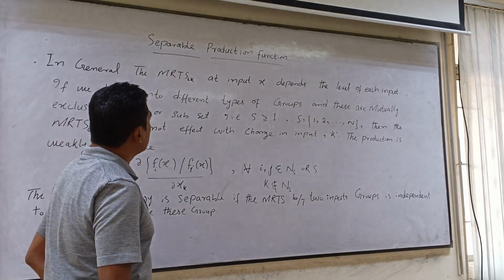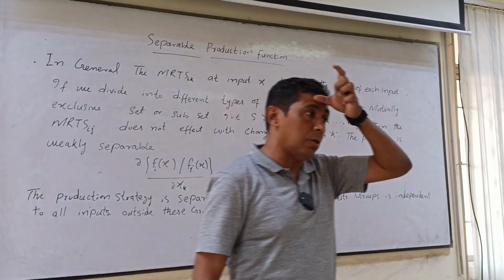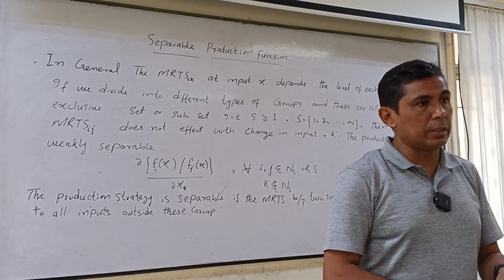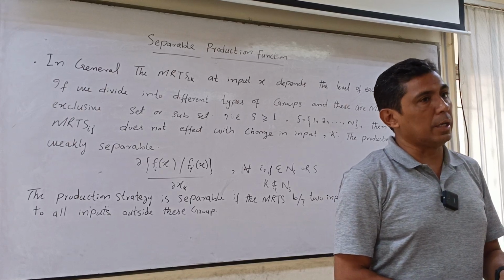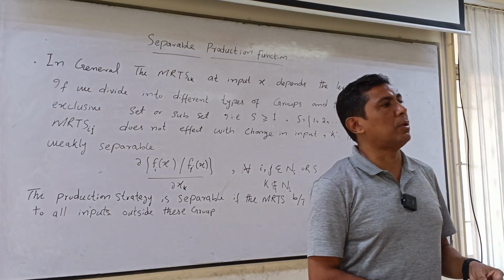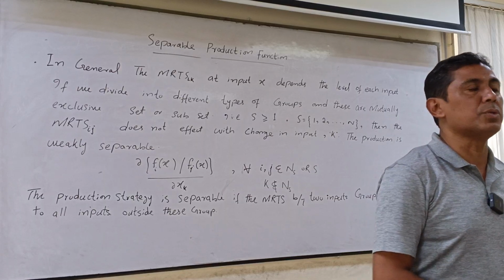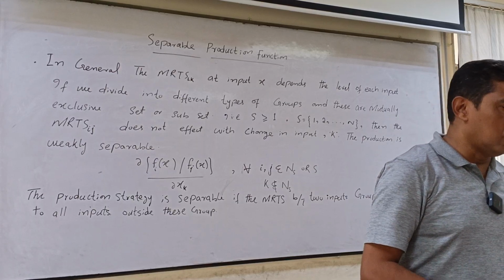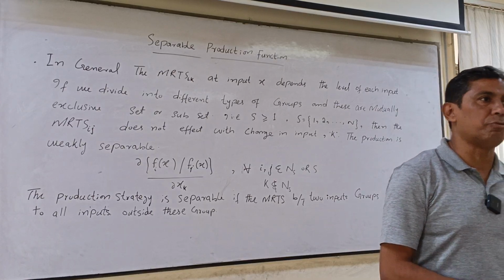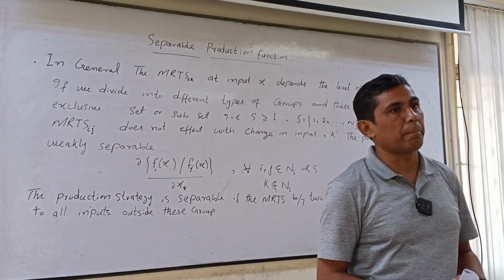Now we are moving towards the elasticity of scale and elasticity of substitution. This is another important topic in the case of production strategy. When we talk about elasticity of scale and elasticity of substitution, we discussed briefly the concept of the homothetic production function.